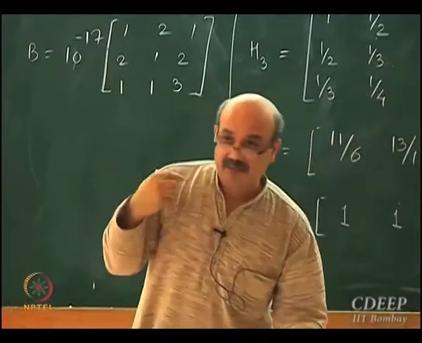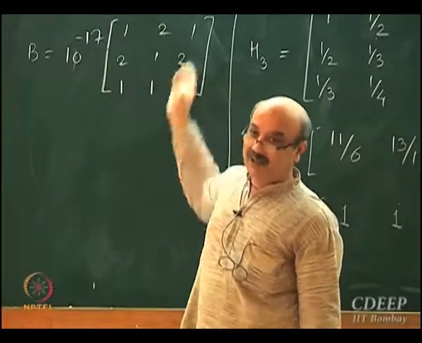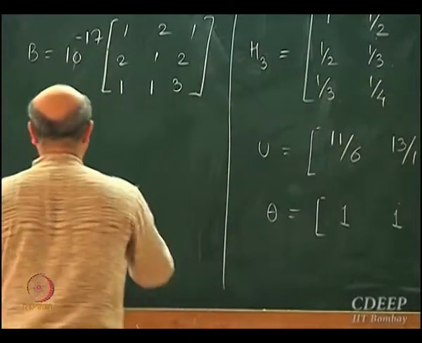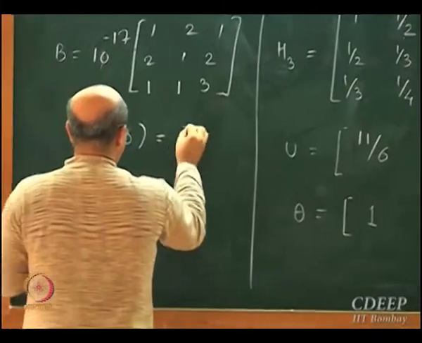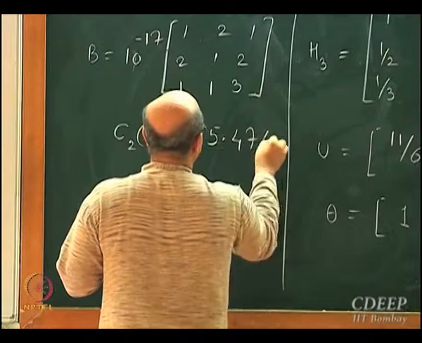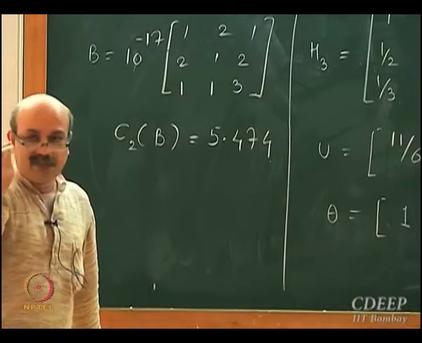Why? Even though this is like a null matrix, with all elements close to 0, the condition number of this matrix, C2 of B, turns out to be 5.474. It is a very well conditioned matrix, with no problems in the calculations.